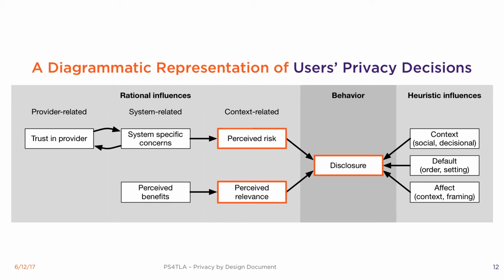Now, the perceived risk can actually be reduced by reducing users' privacy concerns. So if you can reduce the concerns that users have with your system by improving the privacy practices of your system, people will be more likely to disclose things because they perceive lower risk.